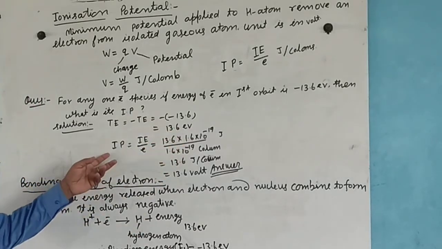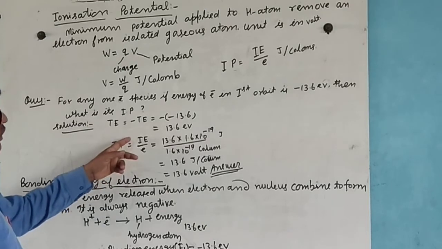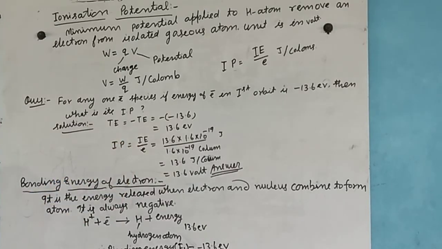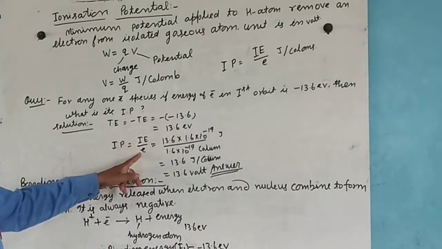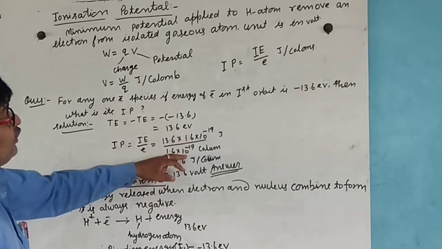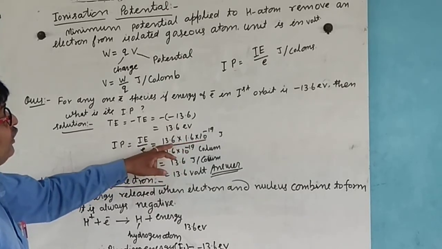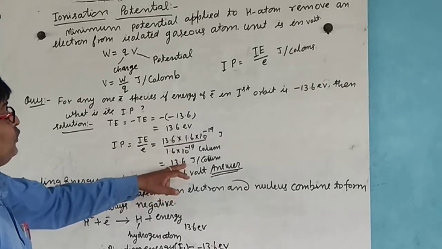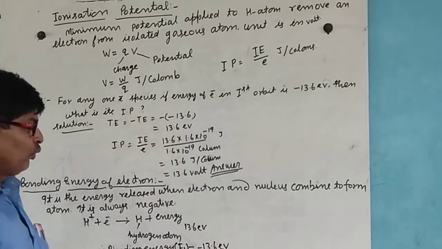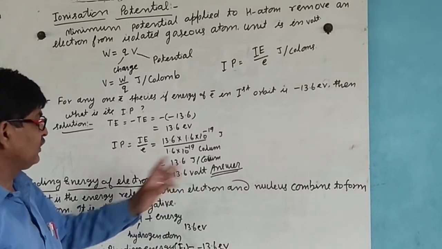Ionization potential is ionization energy divided by e, so it is 13.6 joule per coulomb, and joule per coulomb is known as volt, so 13.6 volt.